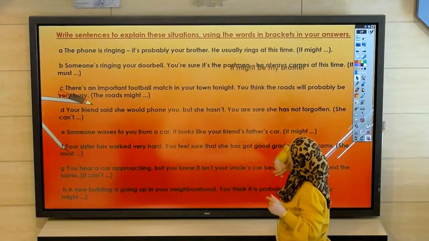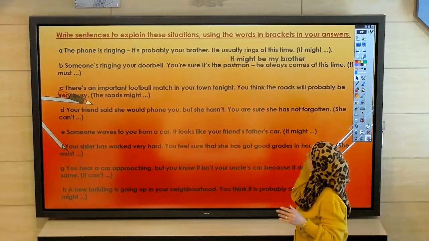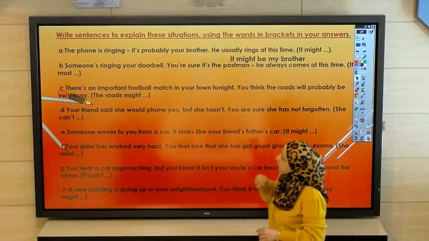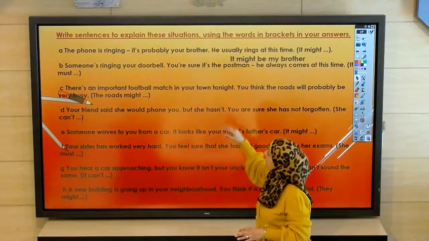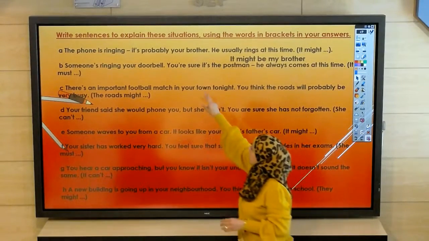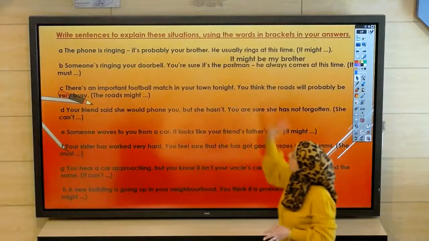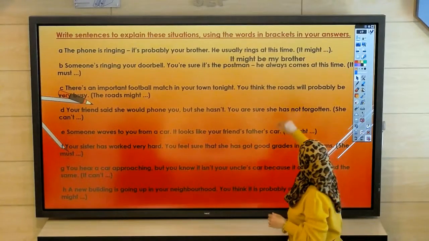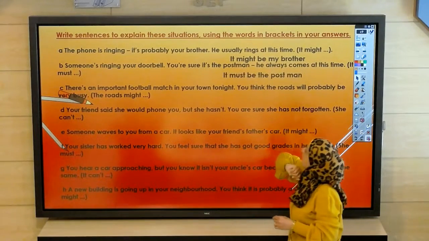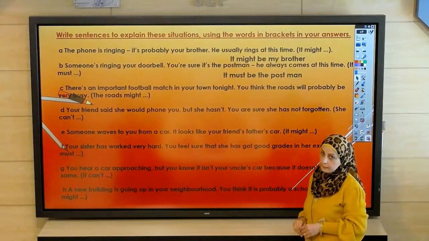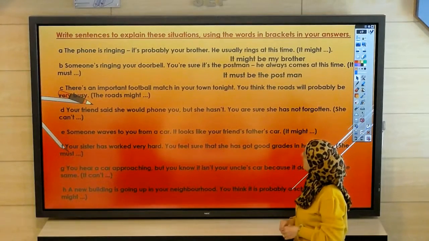So, it might be my brother. B. Someone's ringing your doorbell. You're sure it is the postman. So, it must be the postman.